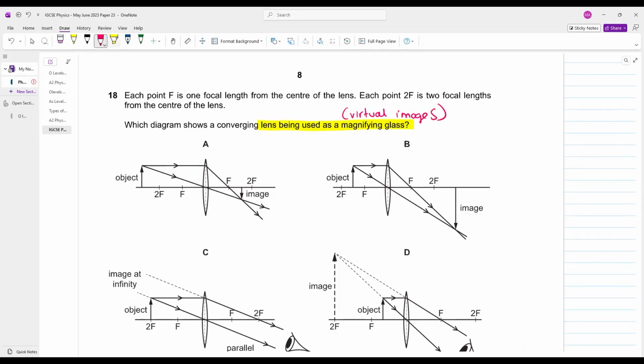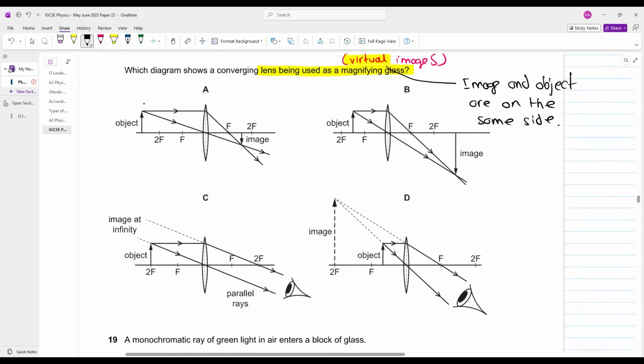Now, sir, what do you mean by virtual images? What happens in virtual images? Image and object are on the same side. Is this happening in A?